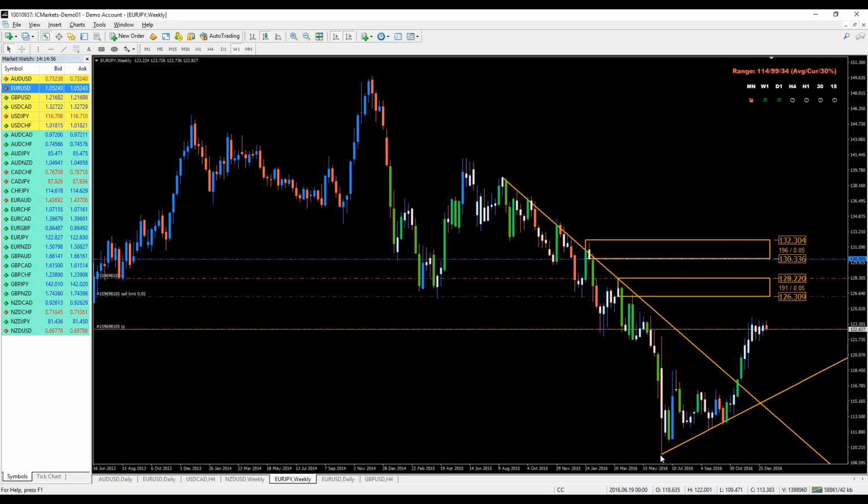You can see also that we have an upward sloping trend line here, so we have a low, we have a high, and price drifted down to a low, and then we have a higher high, and we'd like to see price respect this trend line at some point. So if price manages to come up here within the next couple of weeks, then we're expecting price to come down and feed into this price inefficiency, this liquidity void here, and target the bottom here.